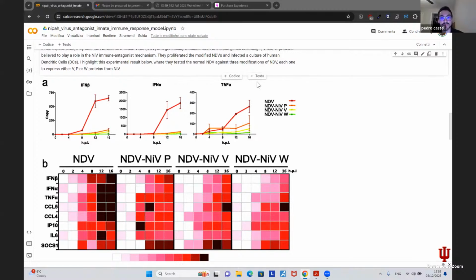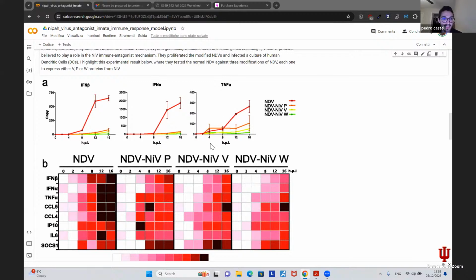You expose them to natural NDV, and the dendritic cells respond with a spike in interferon beta, interferon alpha, and TNF alpha, normally. Then you add P, what happens? The orange curve. Suddenly the cytokine production is much lower. Then you add V, it's much lower. And you add W, it's even lower.